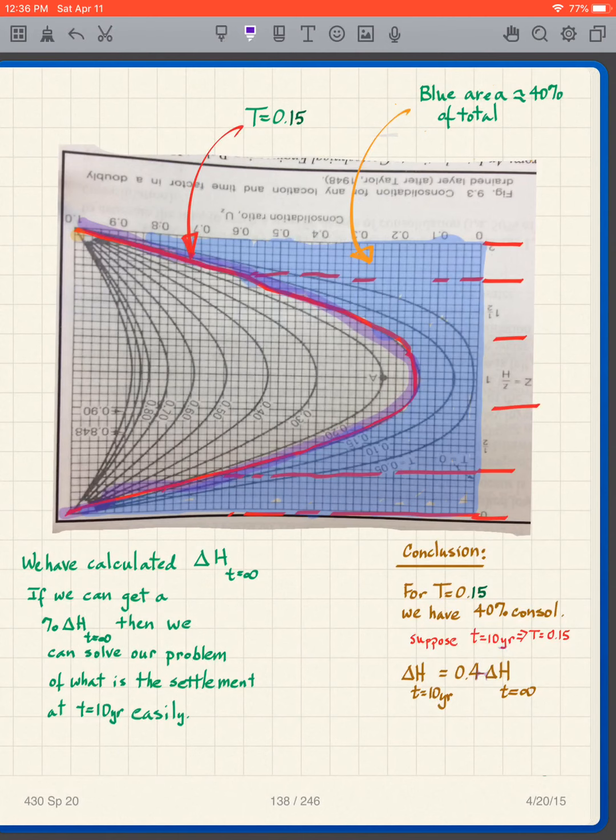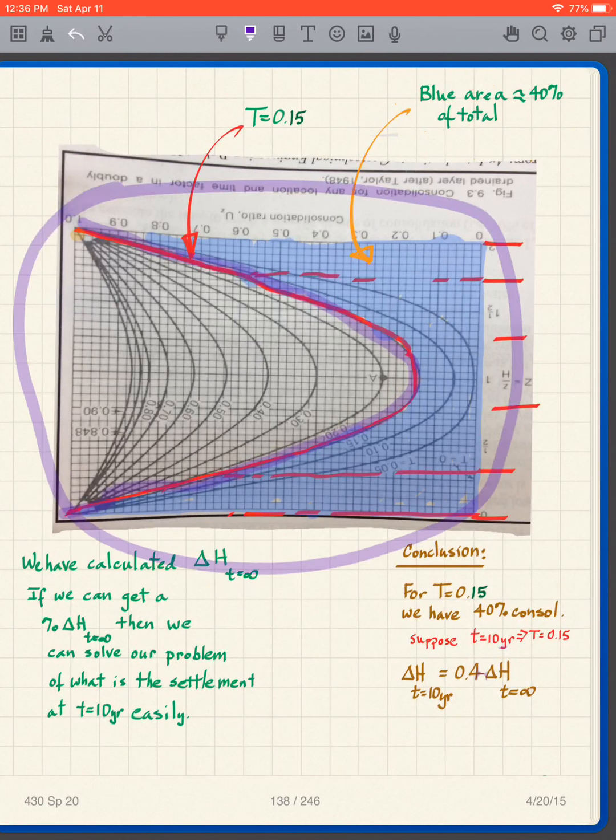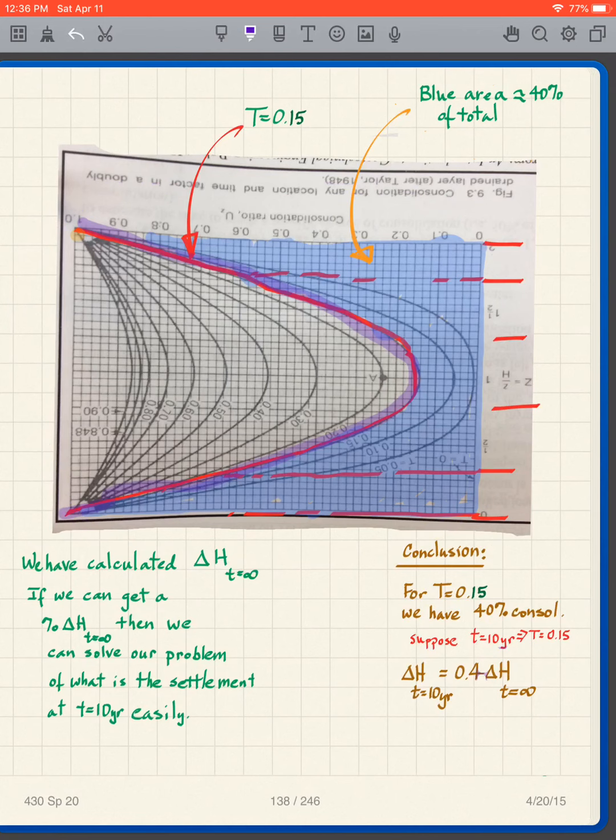Okay, so we have our basic excess pore pressure curves, and the way that we've been working it, let's assume double drainage, that I have a point of interest that's in the middle of the layer. In reality, what I should do to get a better answer is to break this layer up into sublayers, and then I would pick a point of interest in the middle of each sublayer.